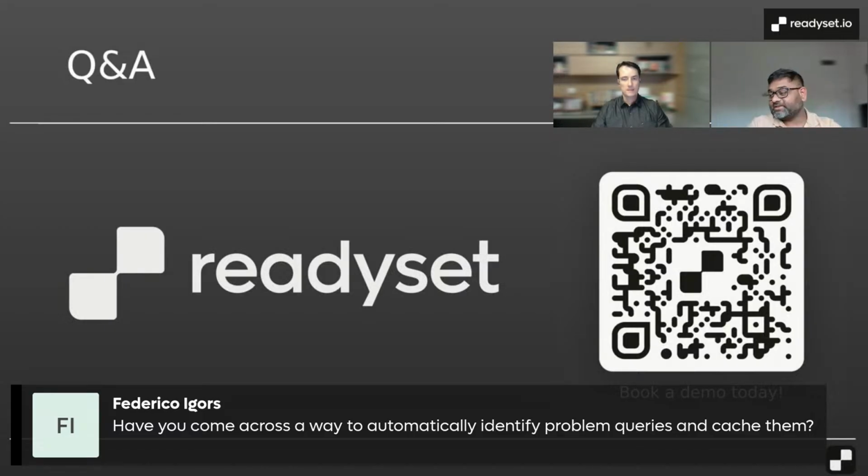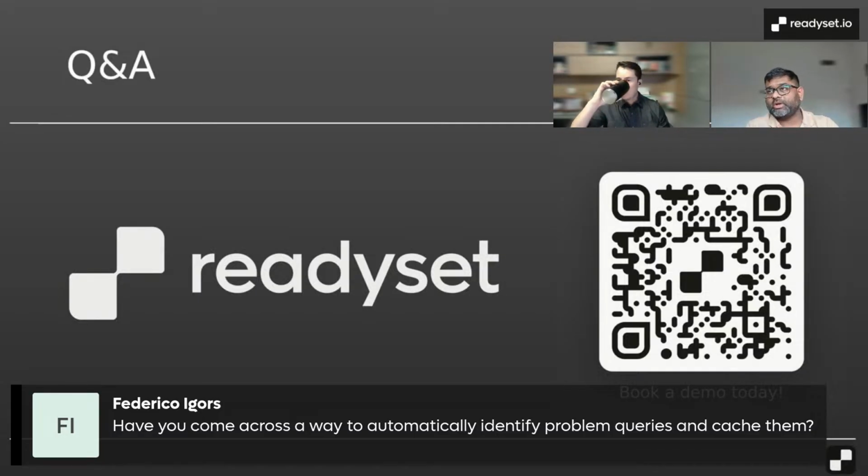Actually, as a matter of fact, that's a very interesting question. We are actively running a private beta for a new feature of Ready Set Cloud called Query Pilot. The idea is that Query Pilot will cache everything it can to make the deployment seamless.